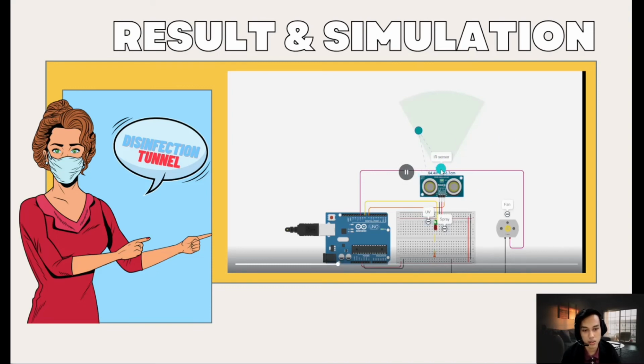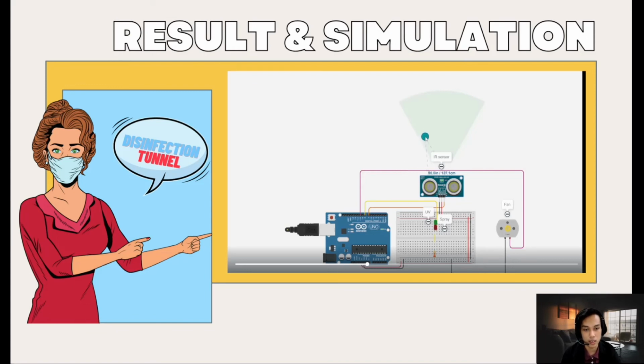As you can see right here, the person's range is 163.7 centimeters from the sensor, and the fan, disinfection spray and UV light will not go on.